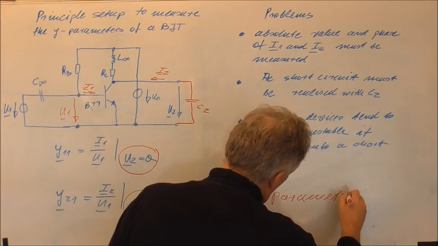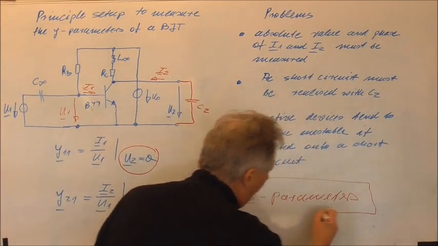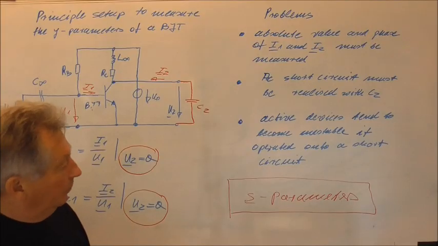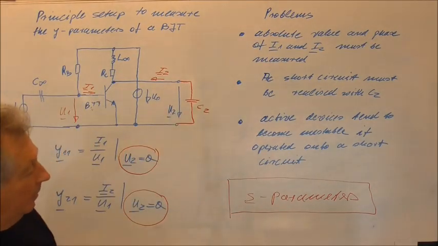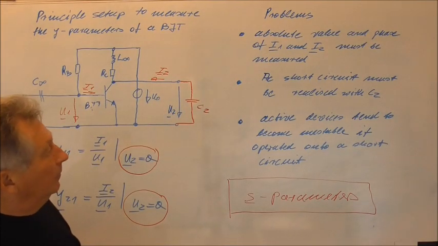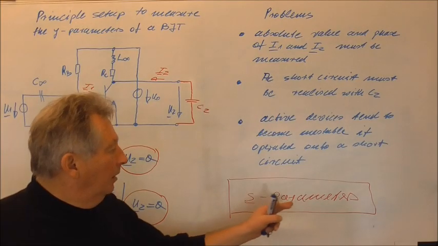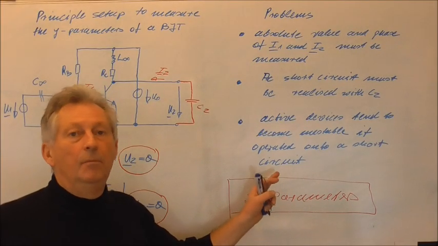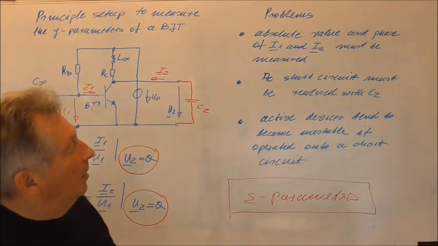We will later see that the S parameters don't operate with short circuits, but with matched circuits at the output and at the input. So all these are reasons that up to today in RF engineering, from roughly 10 megahertz upward, only S parameters are used to describe our circuits.